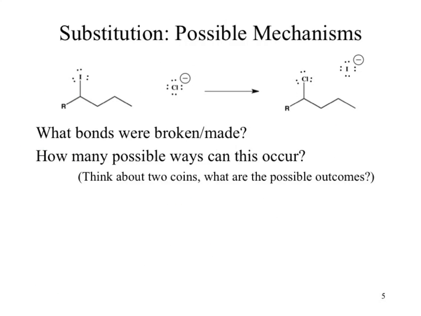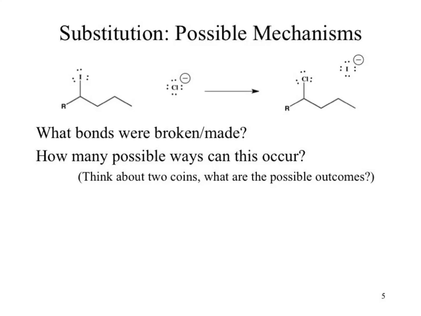Substitution, possible mechanisms. Well, before we even really get into just drawing out mechanisms so you have something extra to memorize, it may be helpful to look at your structures and say what changed. Because if you can identify what changed, you can simplify how it changed. So, what things changed?